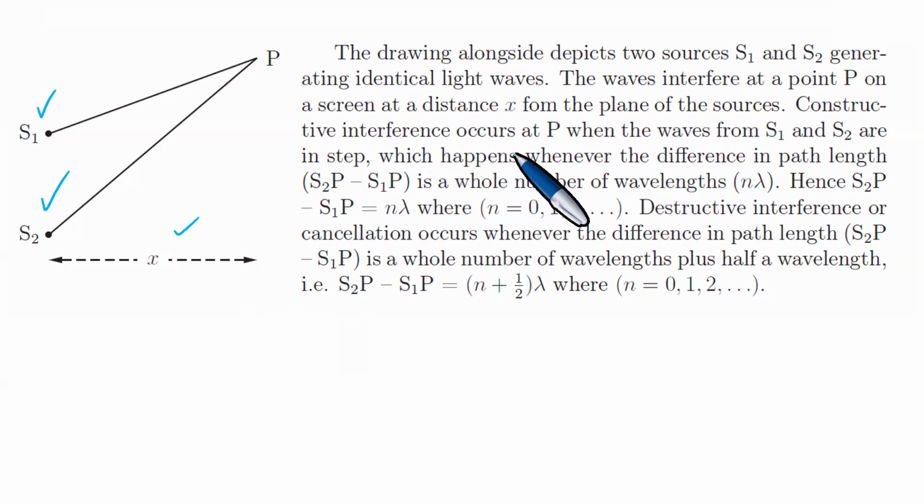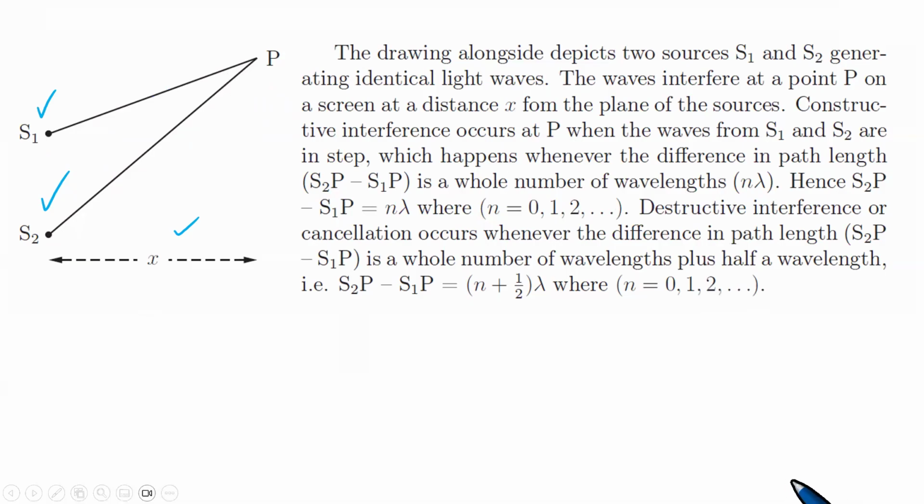Constructive interference occurs at P when the waves from S1 and S2 are in step, which happens whenever the difference in path length, which is S2P minus S1P, is a whole number of wavelengths lambda, n lambda.